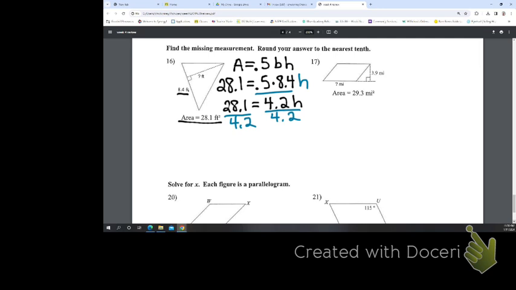So we're doing 28.1 divided by 4.2, which turns out to be pretty messy, right? I got like 6.69, so I'll say 6.7. I'm not really thrilled with that being that messy. And then it's just one of the sides. It's just the height, so it's not feet squared, it's just feet.